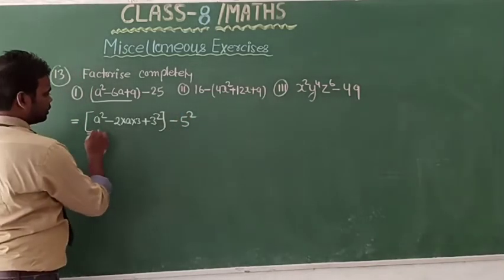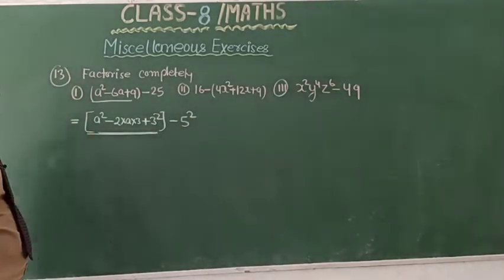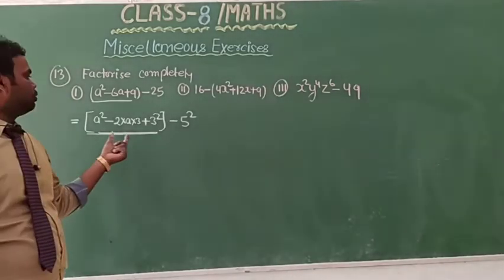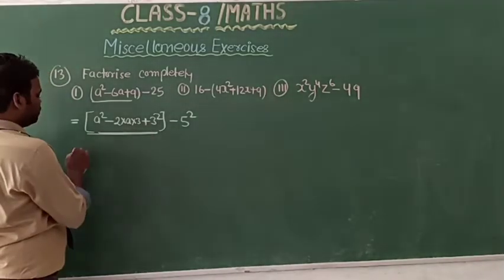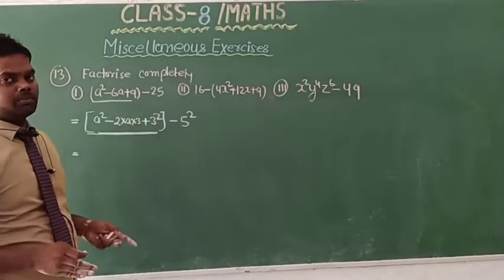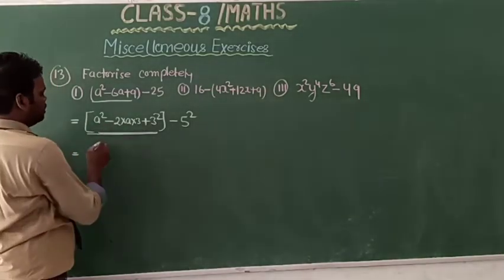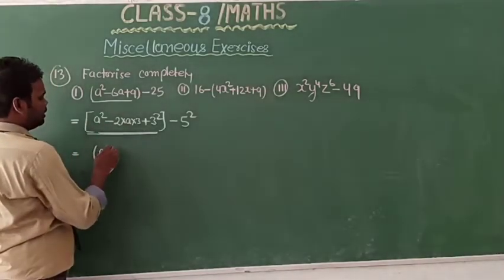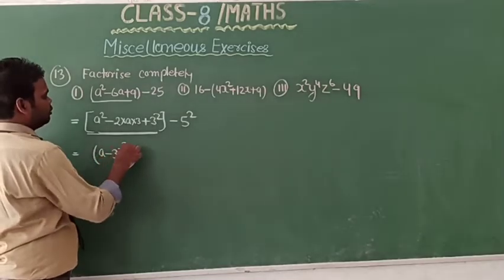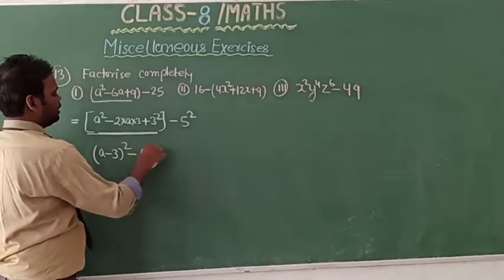So this is the identity a² minus 2ab plus b², which is equal to (a minus b)². So therefore this is (a minus 3)² minus 5².